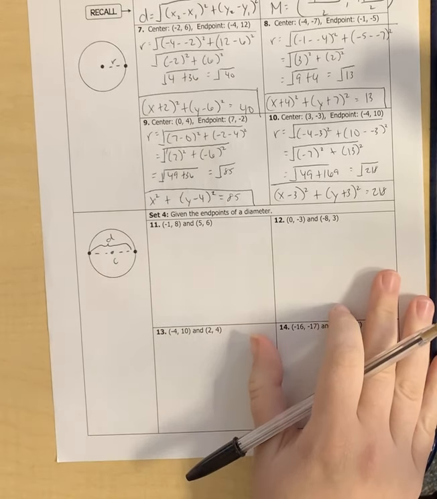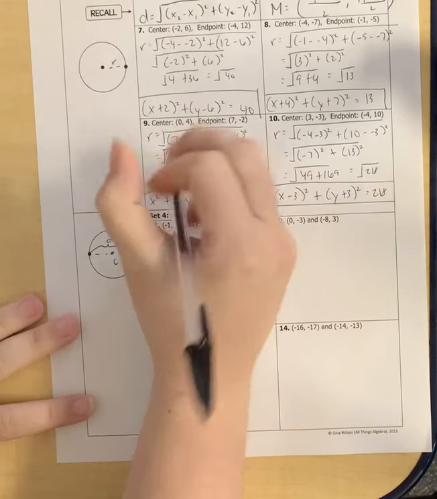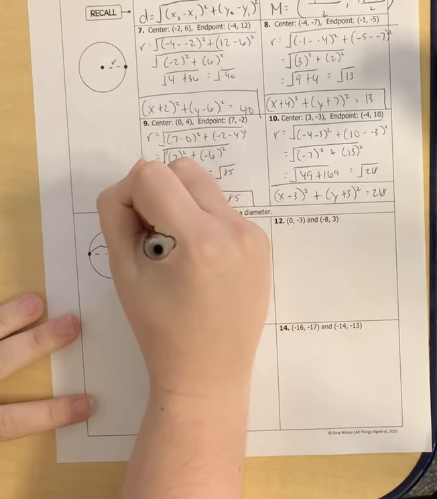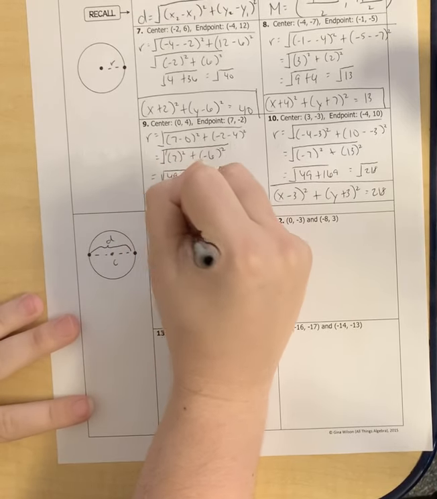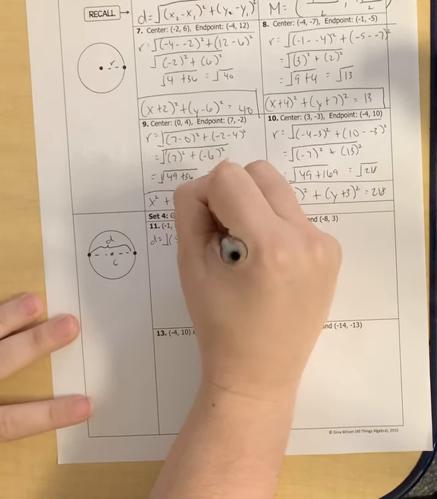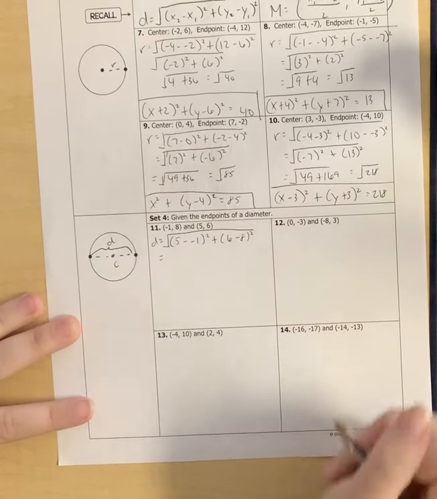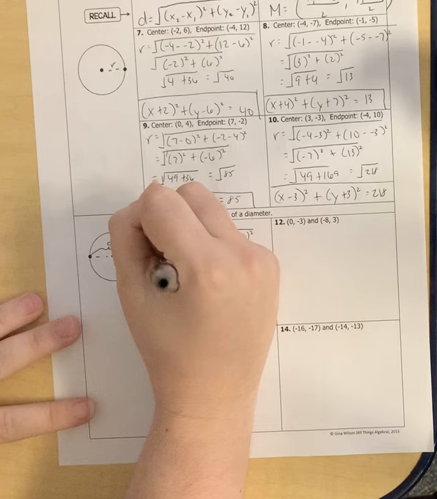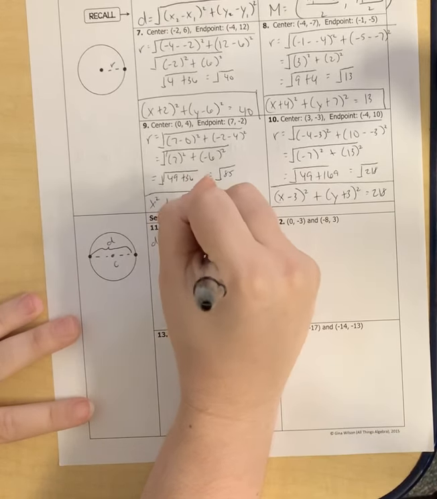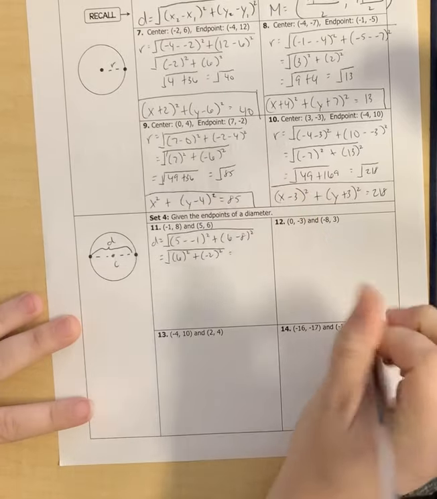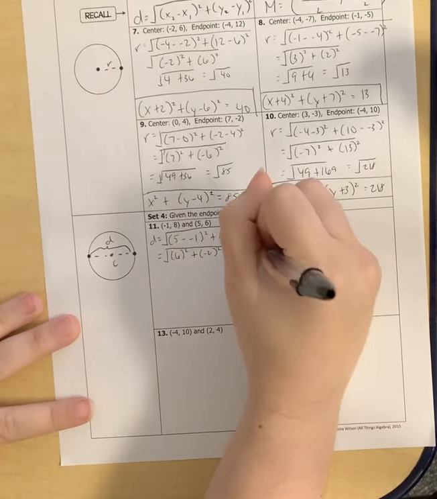So first, let's find the radius. So we need to find the distance from one endpoint to the other endpoint, okay? So our distance here is going to be 5 minus -1 squared plus 6 minus 8 squared. 5 minus -1 is 6. 6 minus 8 is -2. 6 squared is 36. -2 squared is 4.